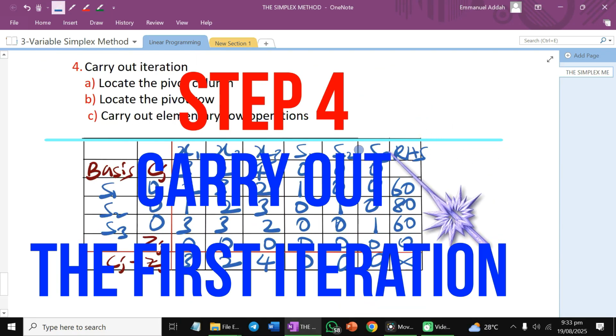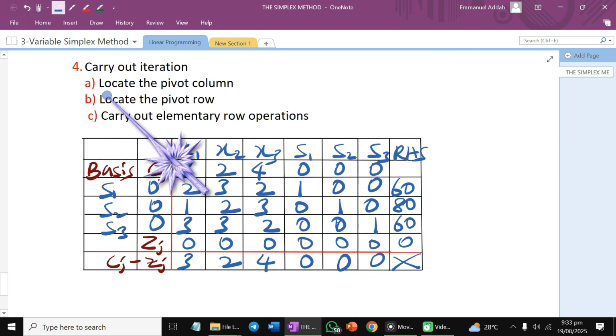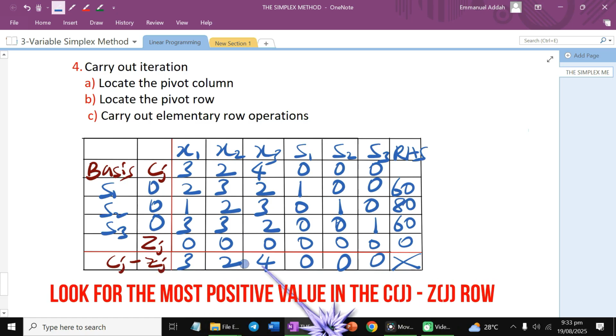The next thing we want to do, step 4, is to carry out iteration. The first thing is to locate the pivot column. That's the column, the variable that will come into the basis between x1 and x3. You can see that we have s1, s2, s3 in the basis already. So to do that, you look at the cj minus zj row and look for the most positive value.